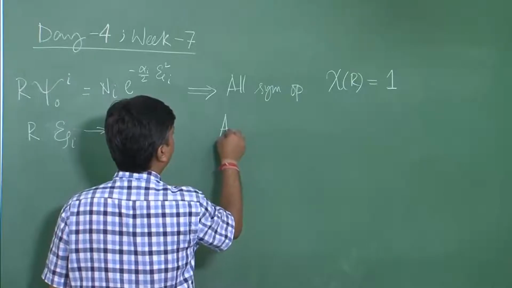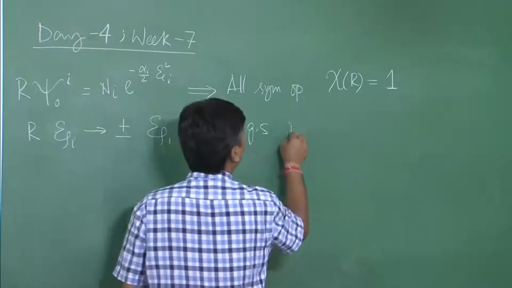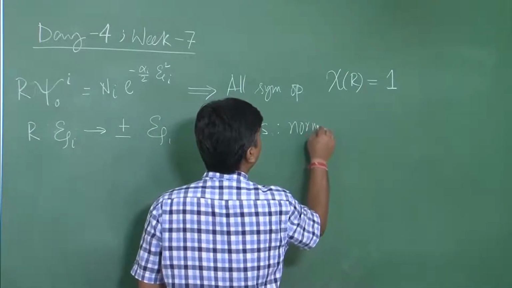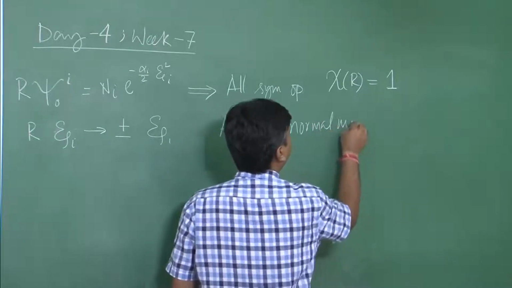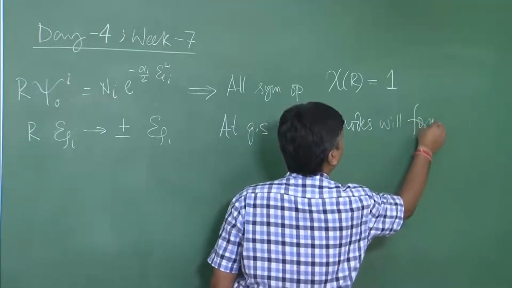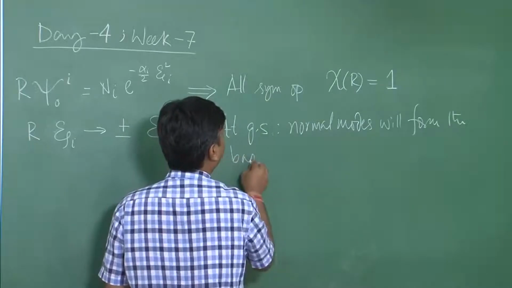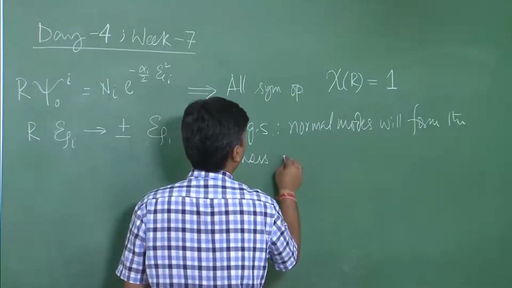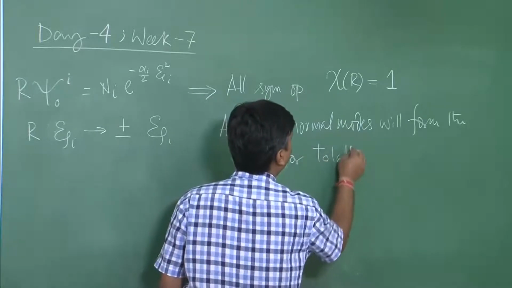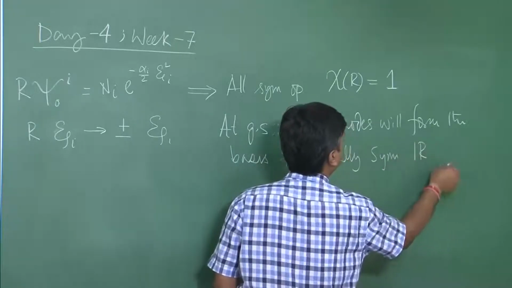So at ground state, normal modes will form the basis for totally symmetric irreducible representation.